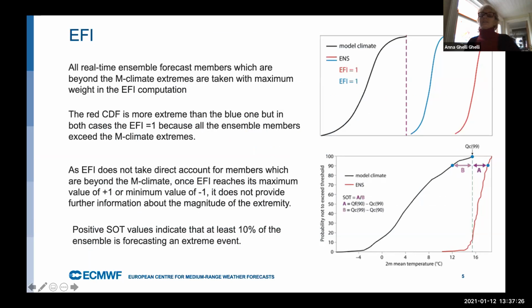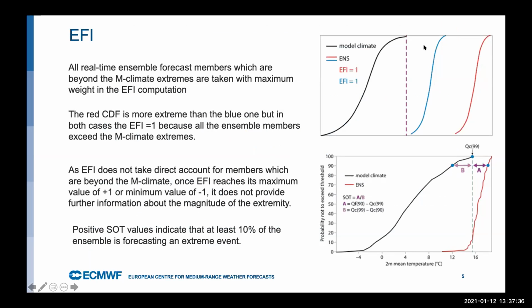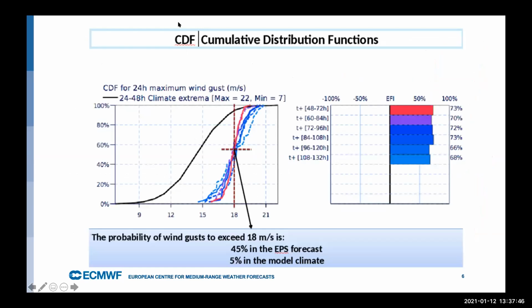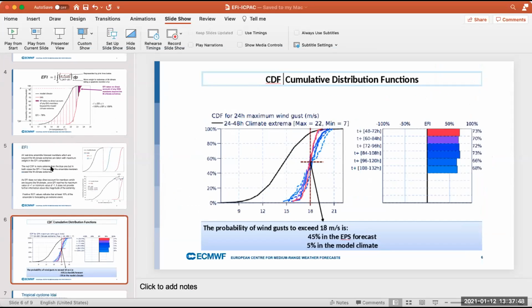So which one do you think is the largest? Any idea? Feel free to put what you think in the chat, or open your mic and just say which one, blue or red.